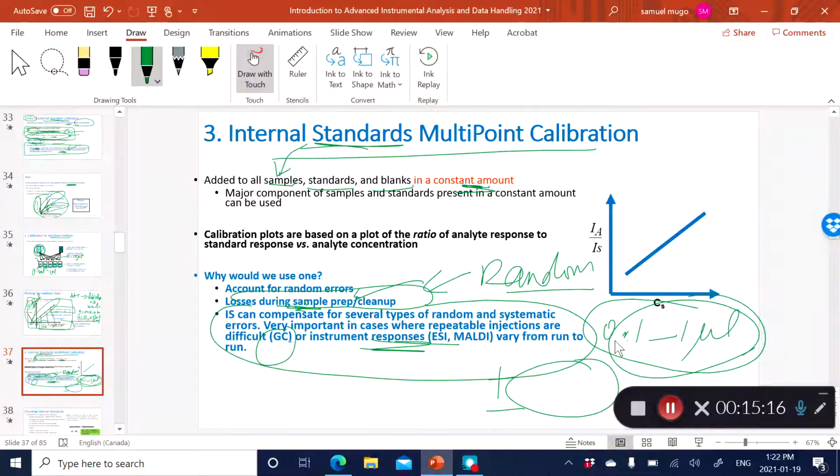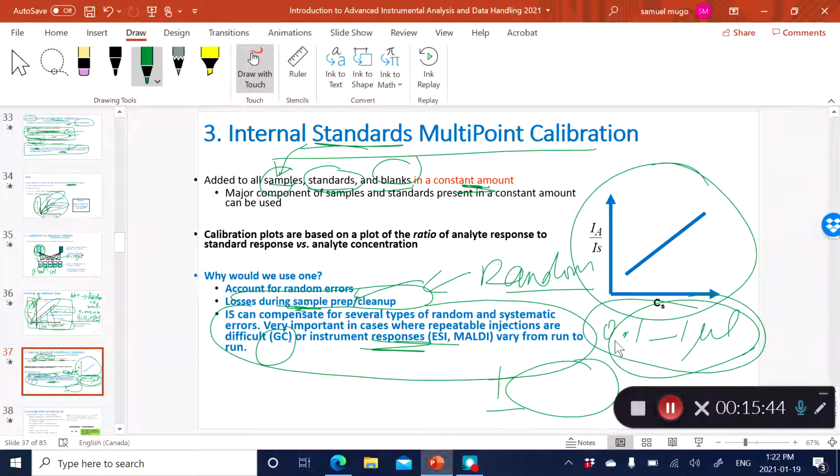So for example, if you're analyzing caffeine in green tea, you would spike an internal standard at a known concentration into all the tea samples, as well as all the standards and all the blanks. And then after that, of course, you would analyze it using the instrument to generate the calibration.